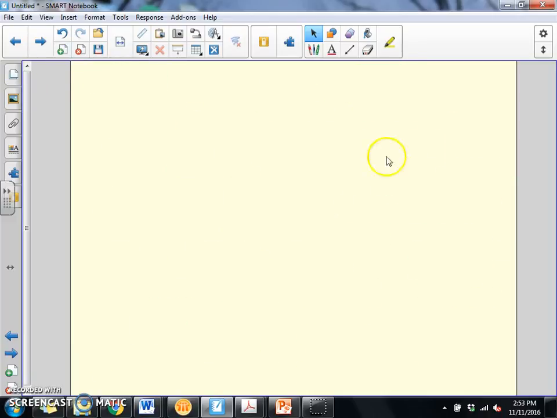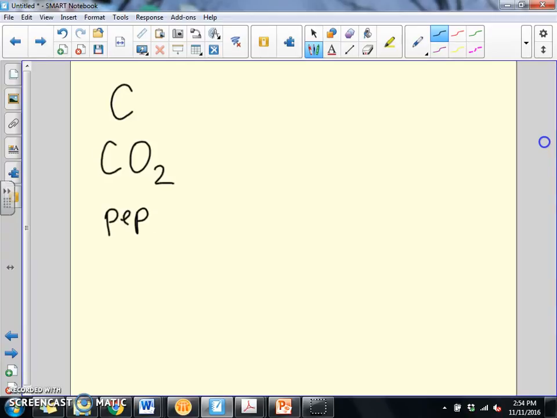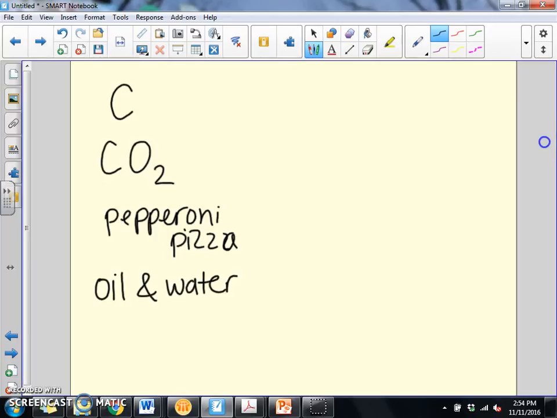Let's look at some examples. If I have the following items: C, CO2, pepperoni pizza, oil and water, and sugar water, I want to be able to classify these as either an element, a compound, a homogeneous mixture, or a heterogeneous mixture.